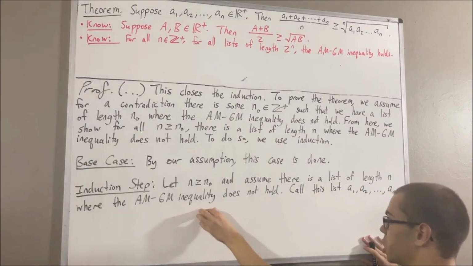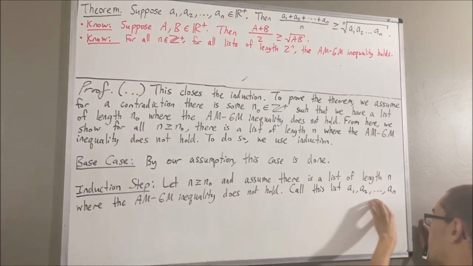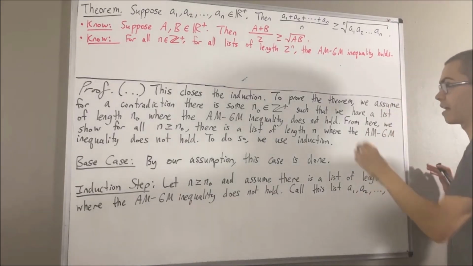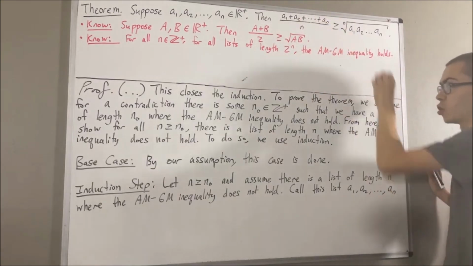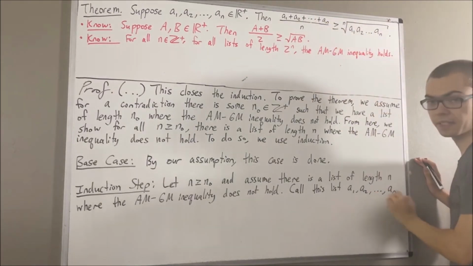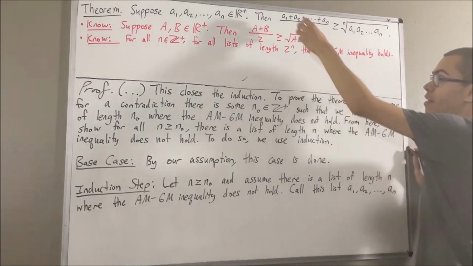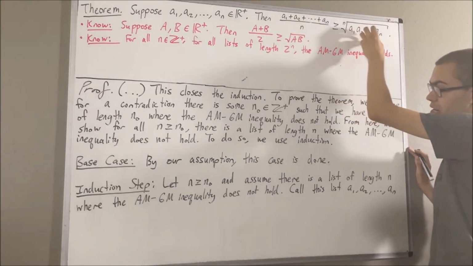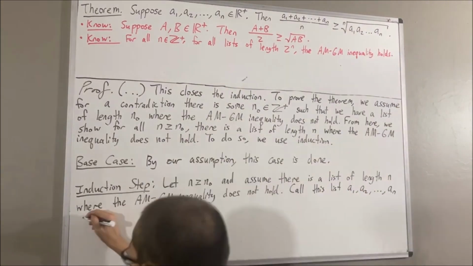And since the AMGM inequality does not hold for this list, this means it is not the case that the arithmetic mean of this list is greater than or equal to the geometric mean of this list. We must instead have that the arithmetic mean of this list is less than the geometric mean of this list.